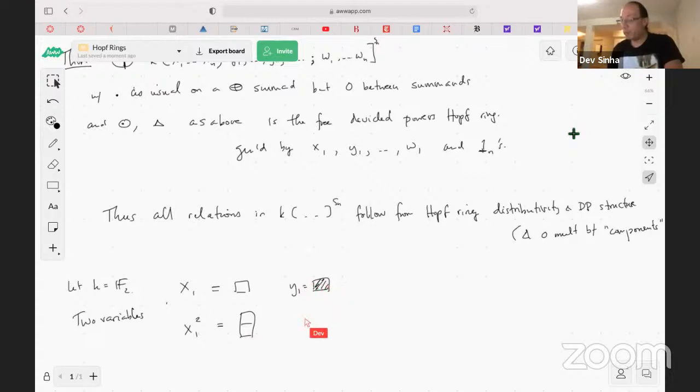So of course, y1 squared is this. And then you have things like x1 second divided power, which I'm going to represent like this. And that's, of course, x1 x2.